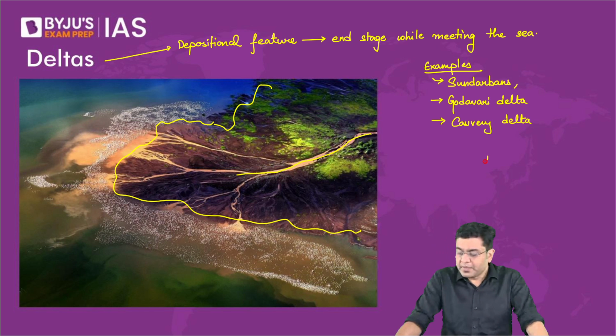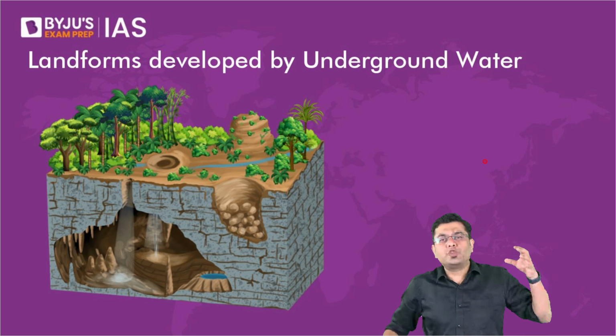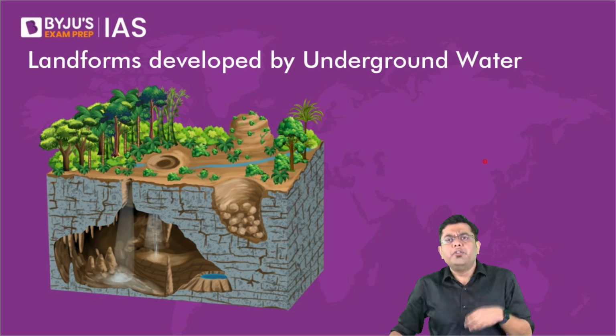Now, after this, we come across the landforms developed in the underground region by the action of water. This is created by the kind of chemical weathering or the chemical erosional process. This kind of underground landform is created by the chemical action of the water, where the water actually dissolves the materials which are soluble in it.